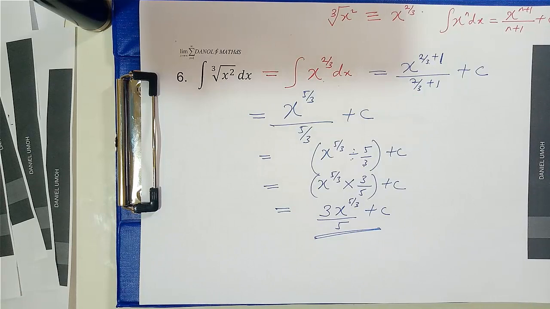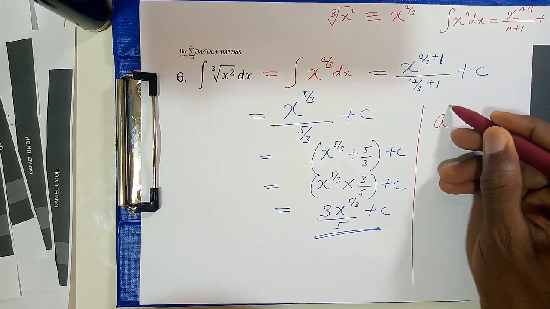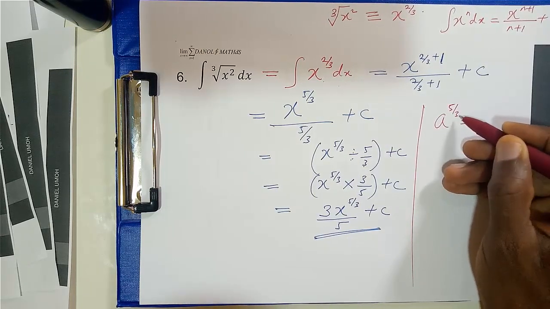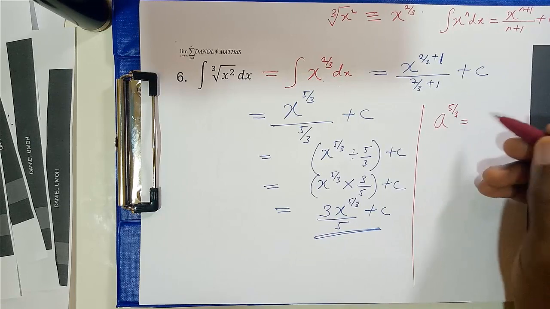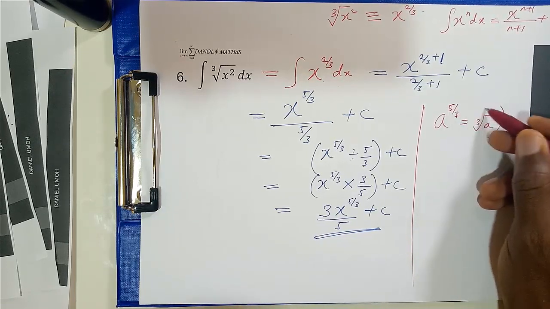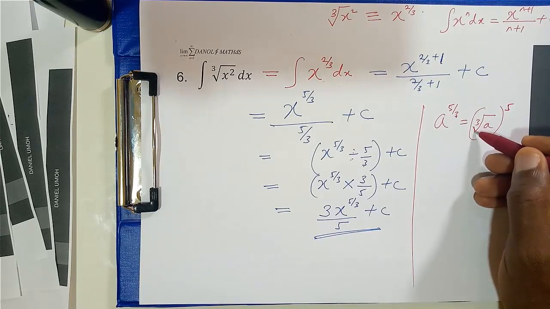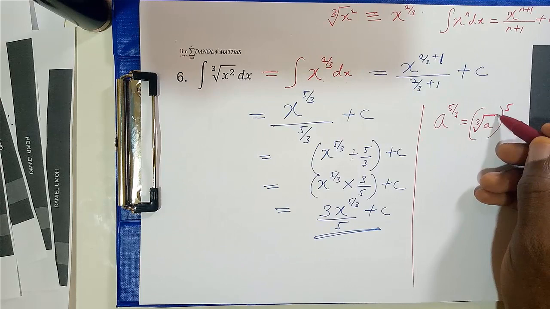But if you want to break it further, remember, according to the law of indices, if you have a raised to the power of 5 over 3, the 3, which is the denominator, represents the root, and 5 represents the power. Please go back to your indices if you have any challenge here.